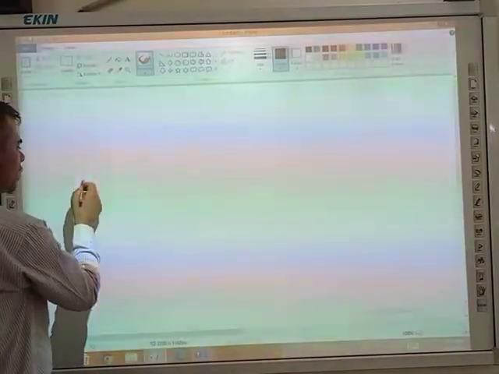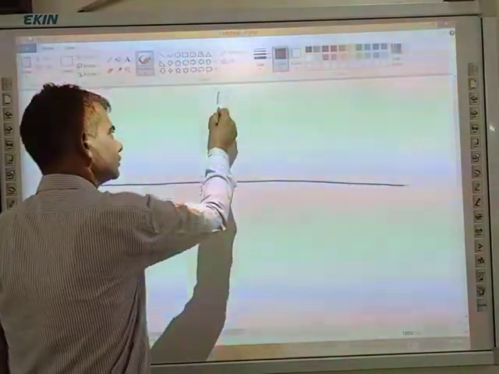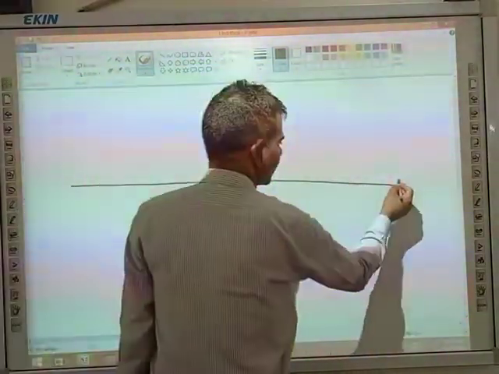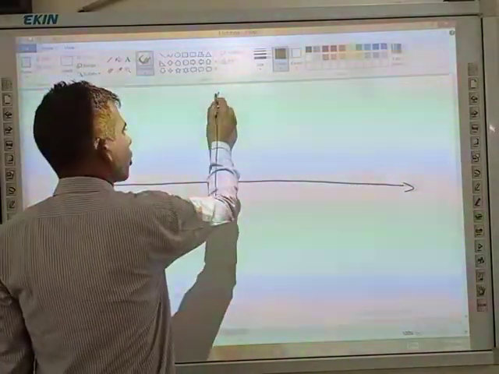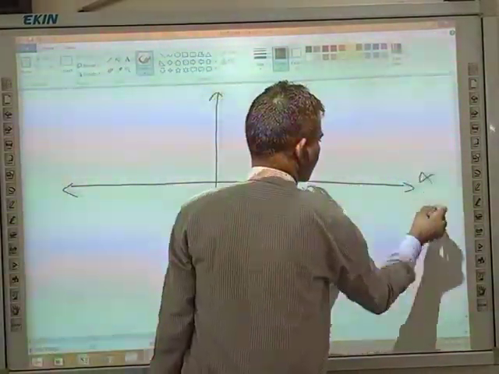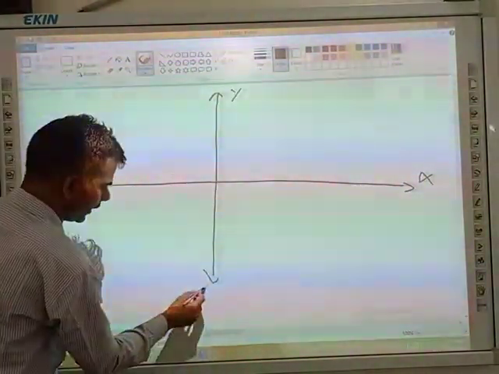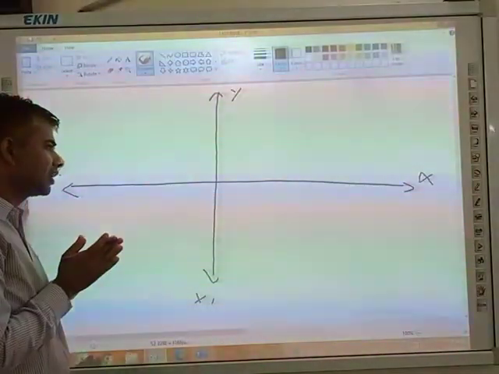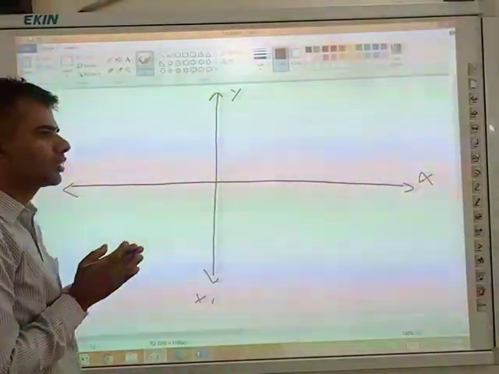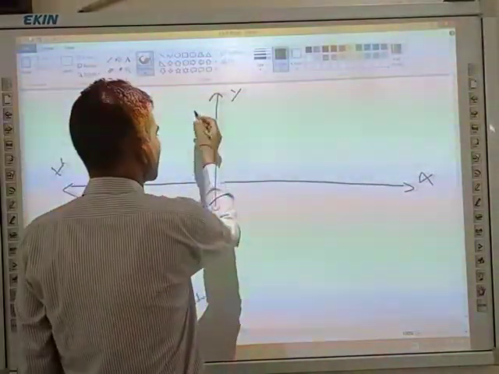Now you draw a graph in a Cartesian plane, with X'X and Y'Y axes. If the condition is A1 by A2 not equal to B1 by B2, the graph will be intersecting lines.